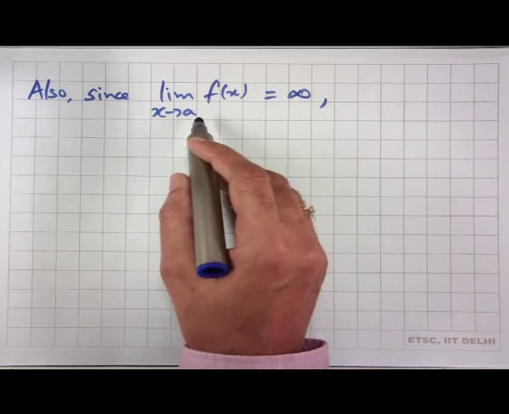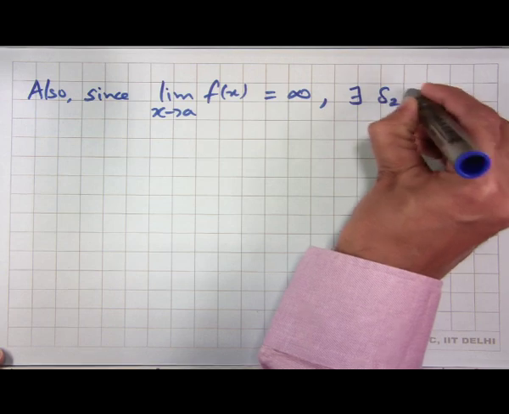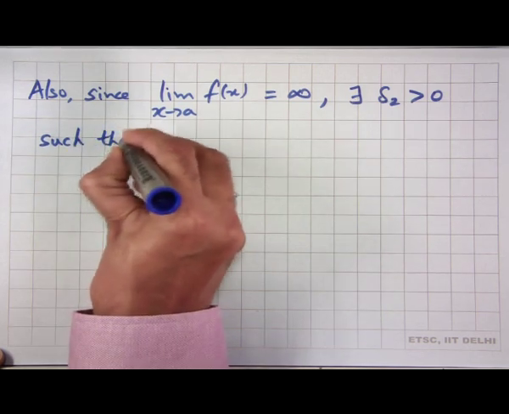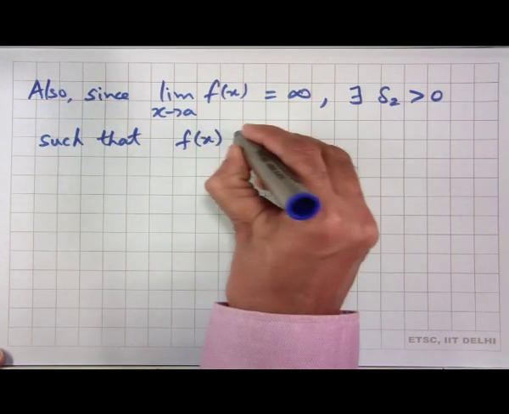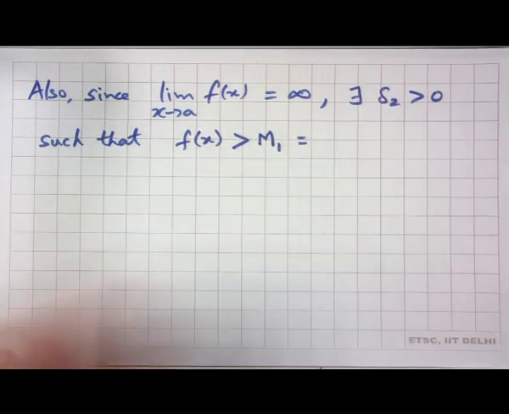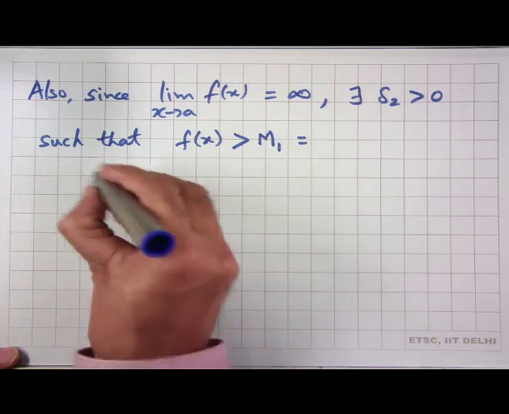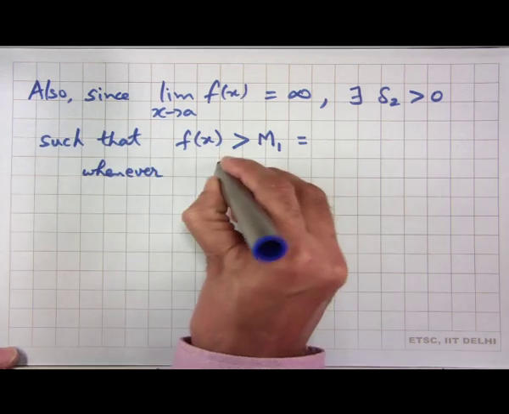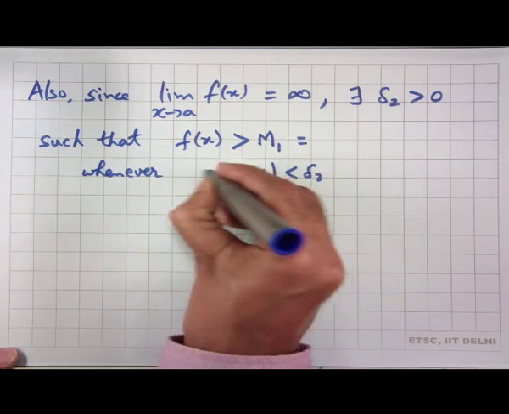So, there exists a delta 2 positive such that f of x is greater than, let me write here m1 and I will write what this is later, f of x is greater than m1 whenever mod x minus a is less than delta 2 and greater than 0.